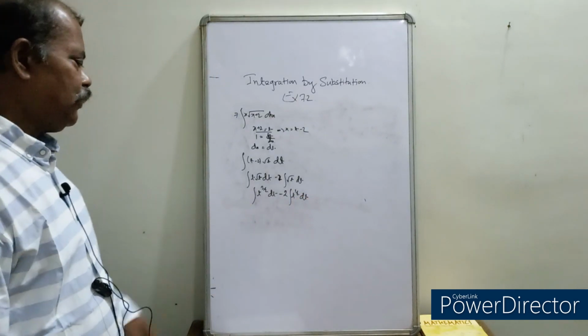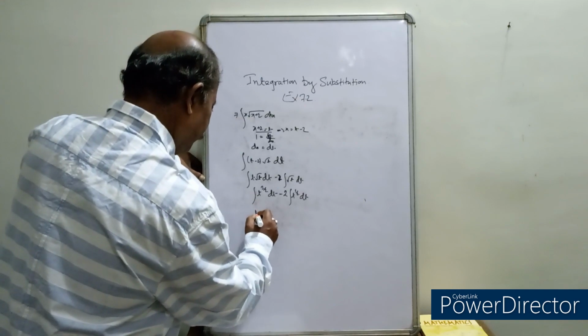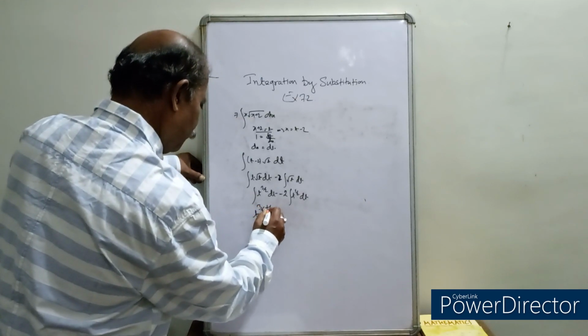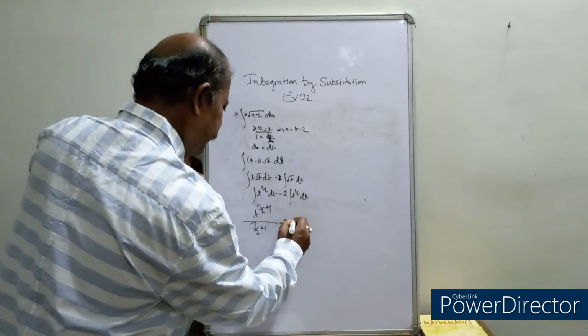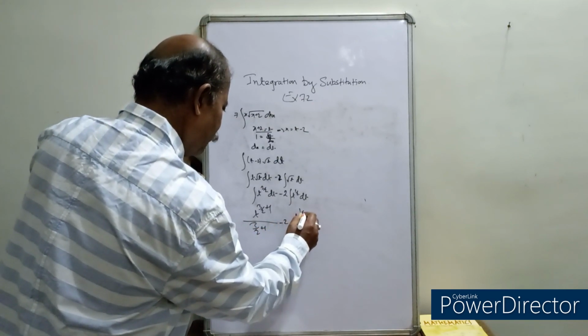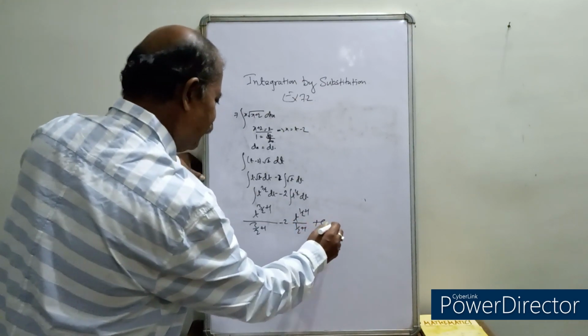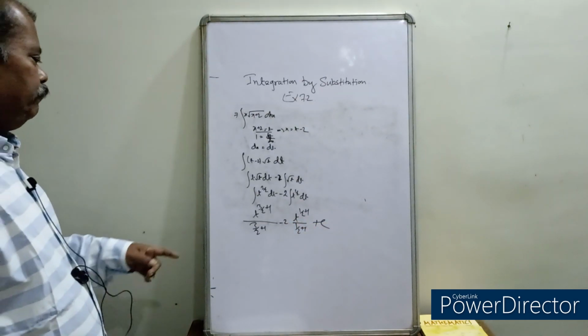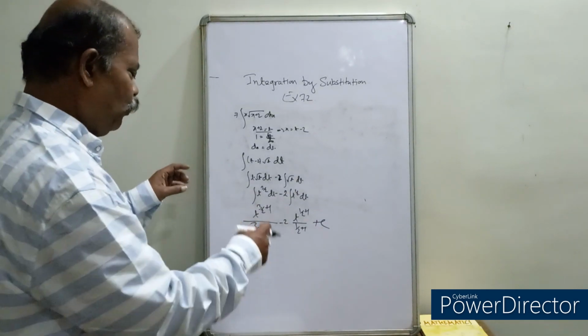So now I am going to apply the formula. Here it comes out to be t to the power of 3 by 2 plus 1 by 3 by 2 plus 1, and minus 2, t to the power of 1 by 2 plus 1 by 1 by 2 plus 1, and again an integration constant. So this will be 5 by 2, that means 2 by 5.